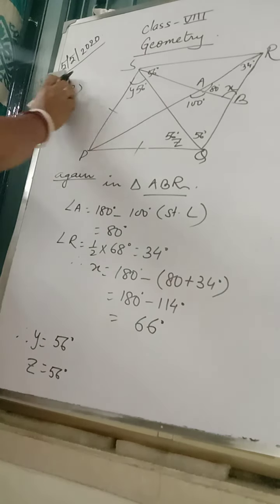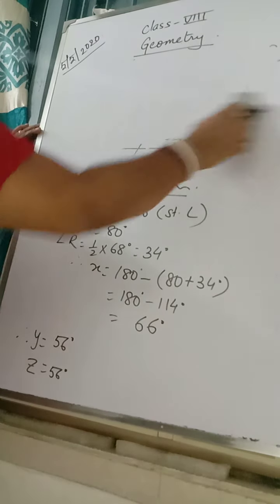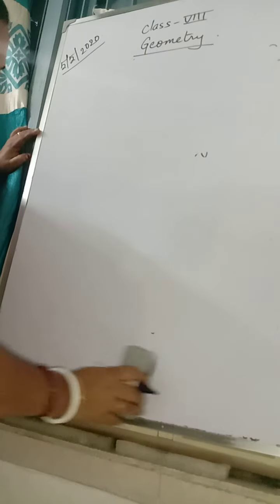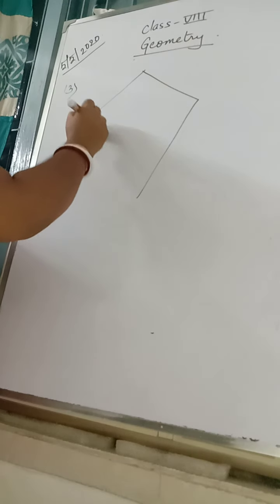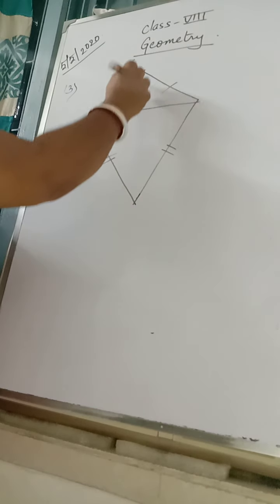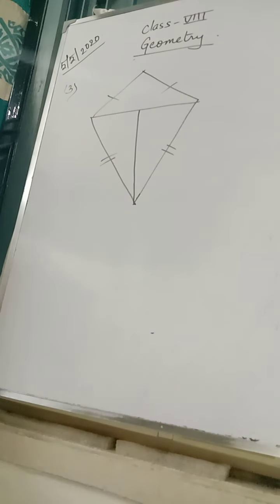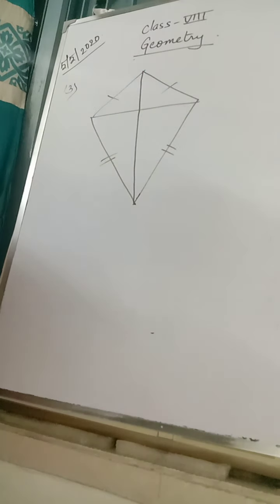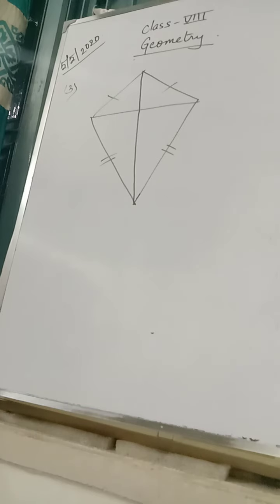See, look at question number 13. It's a kite. This is equal to this is equal to this. Clear? This is like that. So it is BADC.